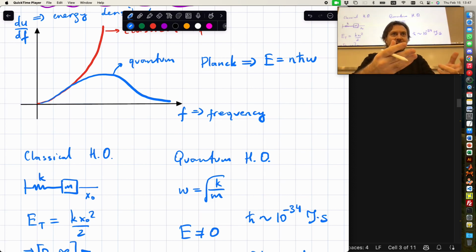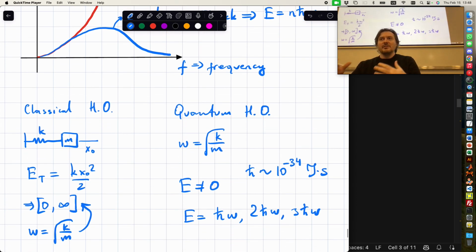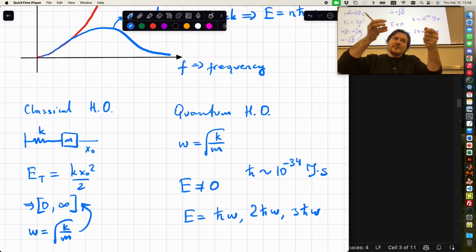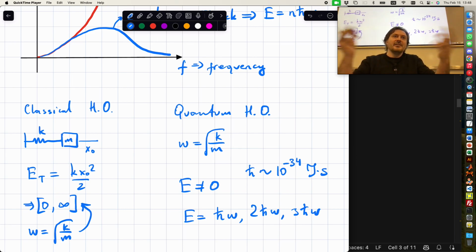To explain that the energy is quantized, you have to go to Schrödinger's equation. And each time you do this jump, it gets more and more ridiculous in terms of classical intuition. You see, we already have this ridiculousness here. Why can't I put just any energy? I would just go and stop it, right? It tells you that you cannot stop an oscillator. So, if you have an oscillator, it will oscillate, definitely. You see? Good.